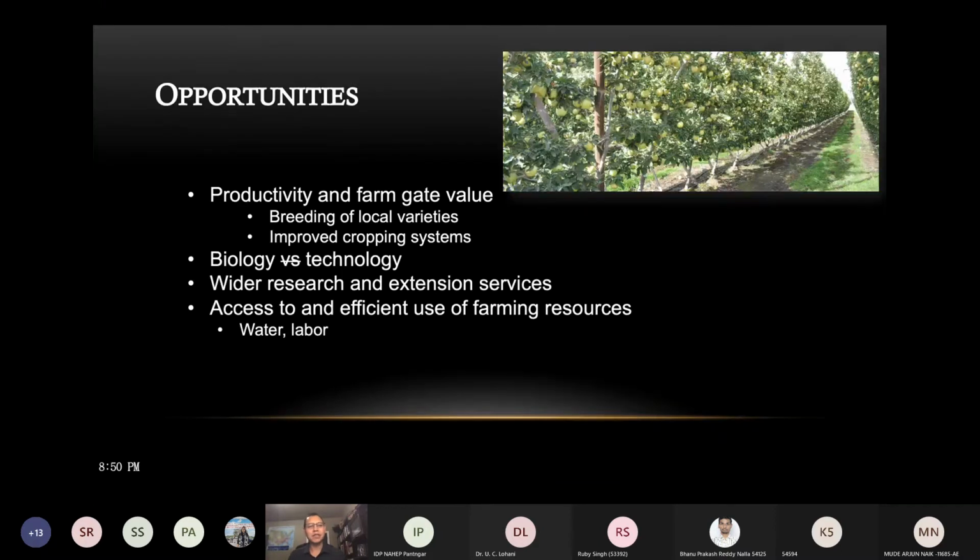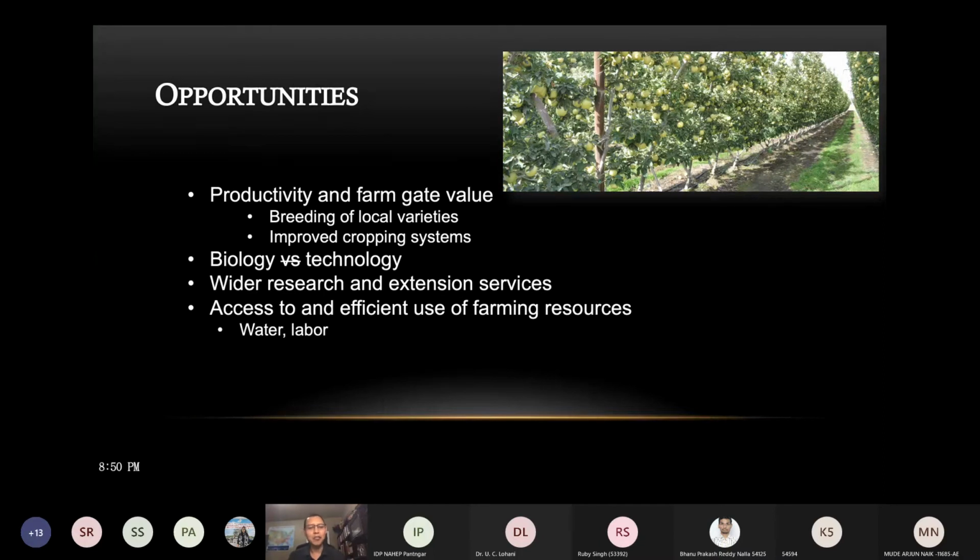What are the opportunities? I think in these kinds of farming operations, we have a big opportunity to improve productivity and farm gate value. Breeding of local varieties, improved cropping systems. I'm certainly going outside of my area of expertise here, but I believe these are some of the areas we could make an impact on. Biology versus technology has been, in a way, the notion of the past.